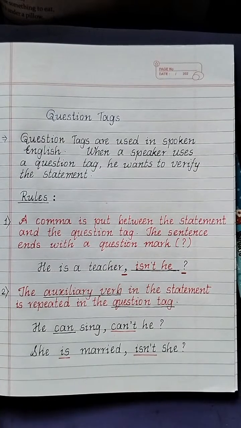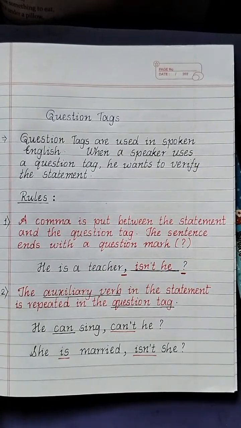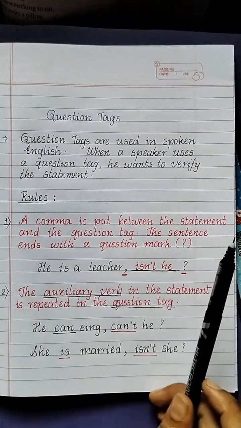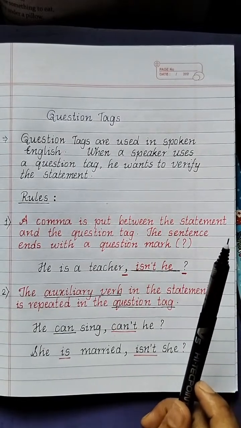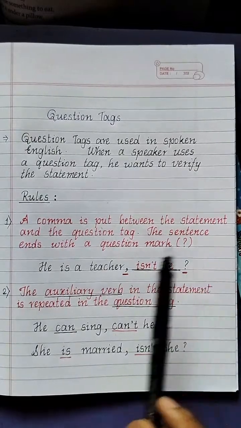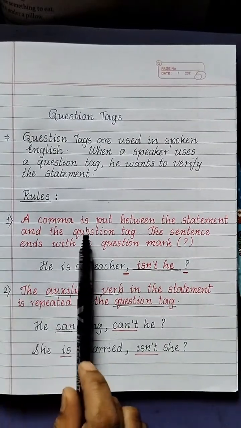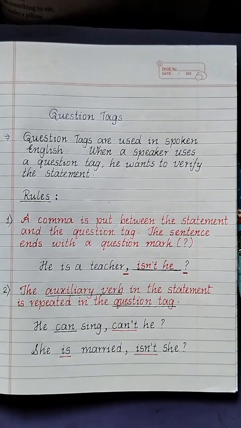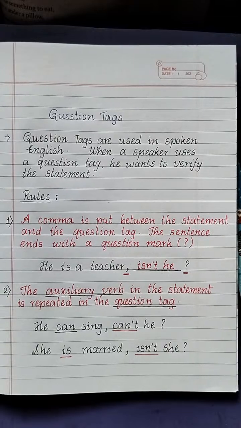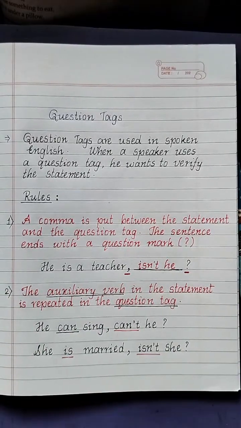So these are the major rules which we have learned today for the question tag. Question tag is formed to confirm the statement. Okay, once again I am going to repeat all of the rules. Let me start again.